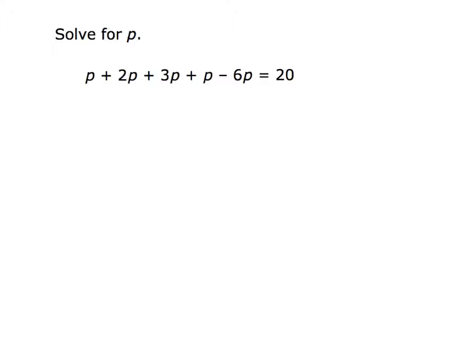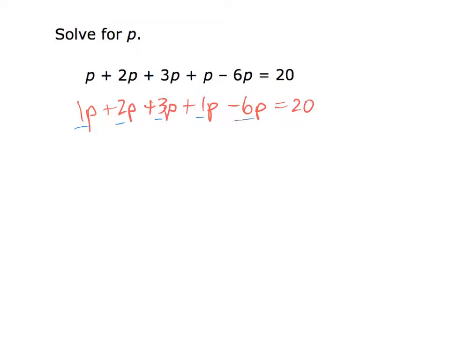Okay, one last one. It looks bad. It's not as bad as it looks. Let me show you what I mean. This is basically 1p plus 2p plus 3p plus another 1p minus 6p equals 20. So we're only really interested in dealing with these numerical coefficients.